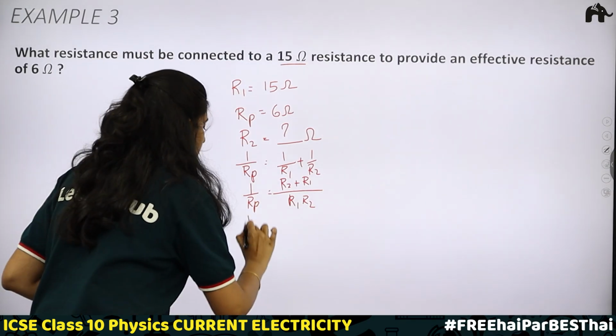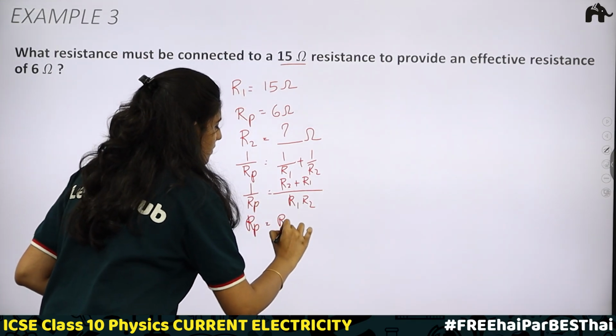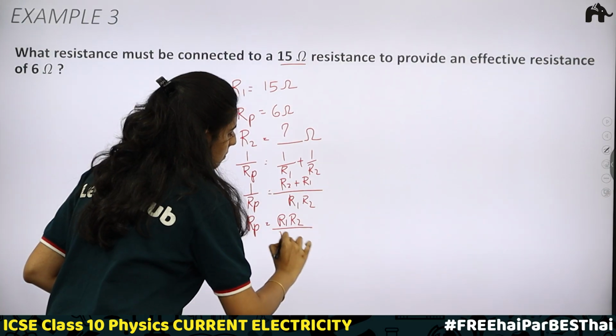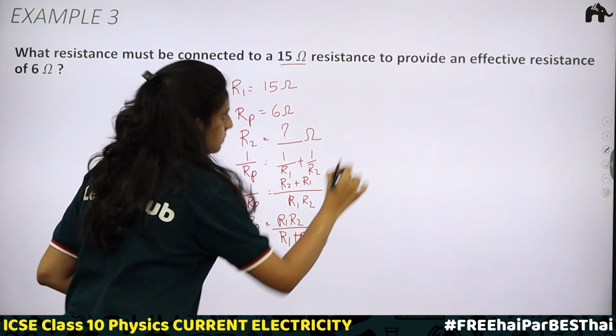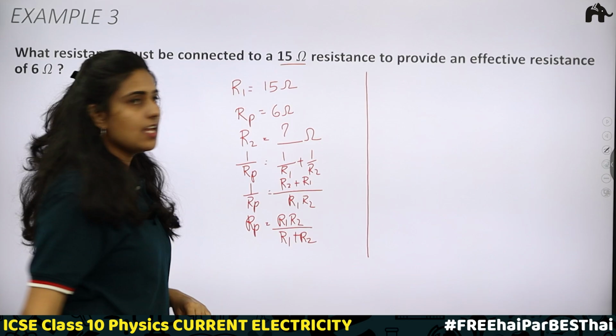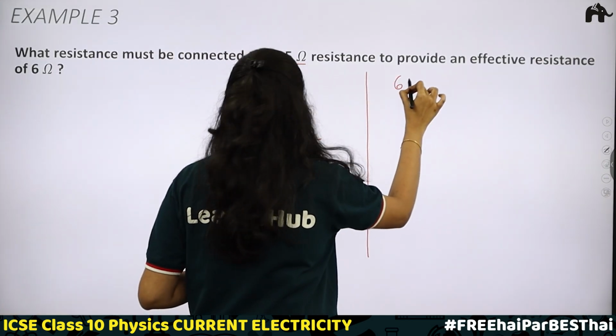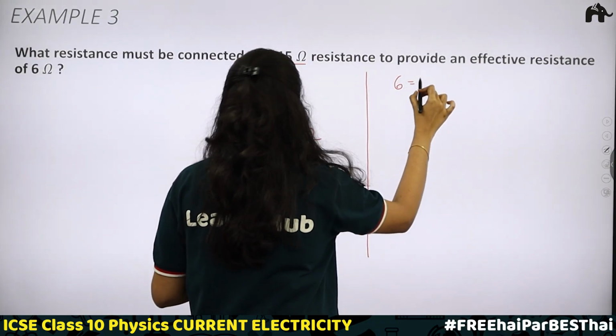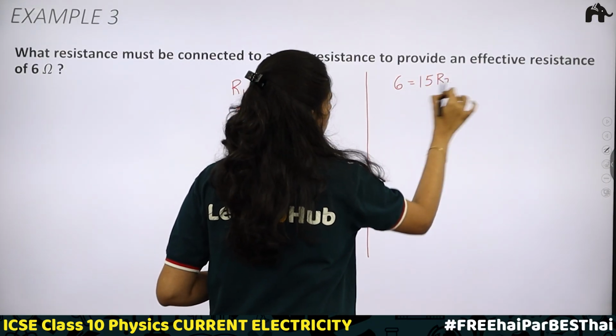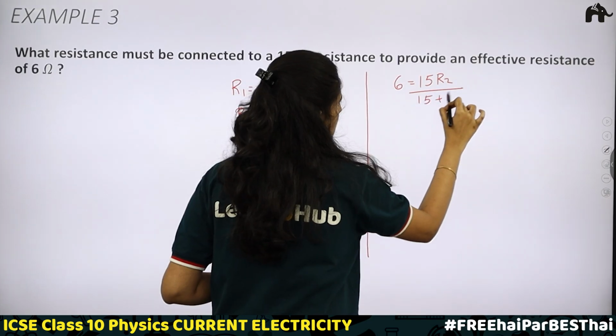Okay, then what is Rp? Rp is R1 R2 divided by R1 plus R2. We know the value of Rp. Rp is 6. 6 is equal to 15 R2 divided by 15 plus R2.